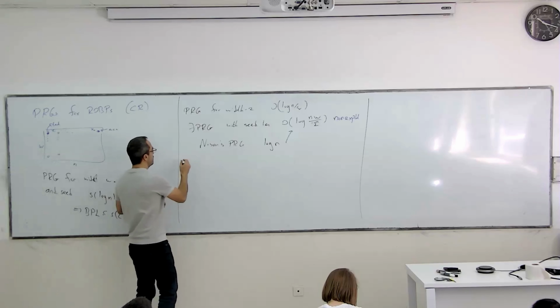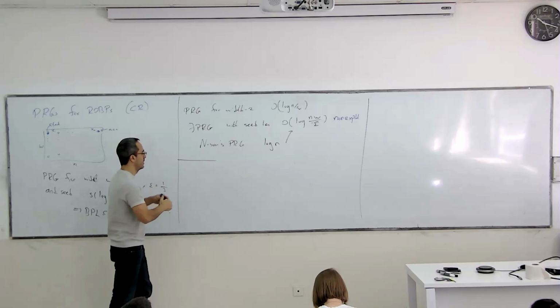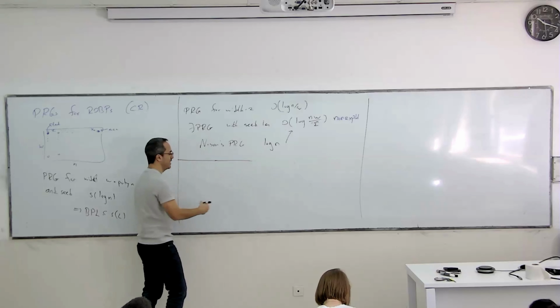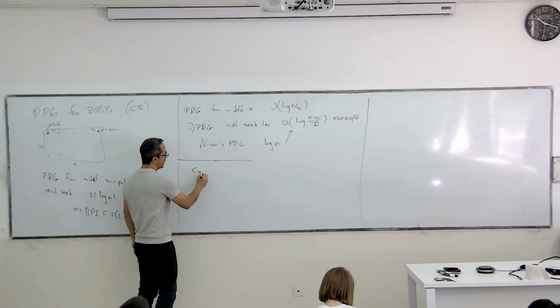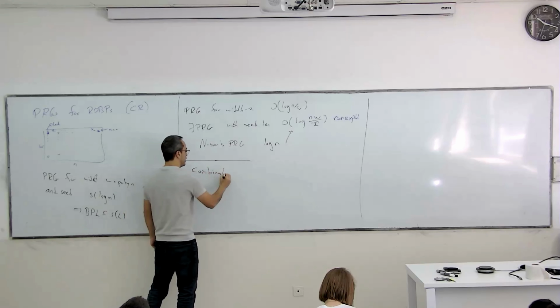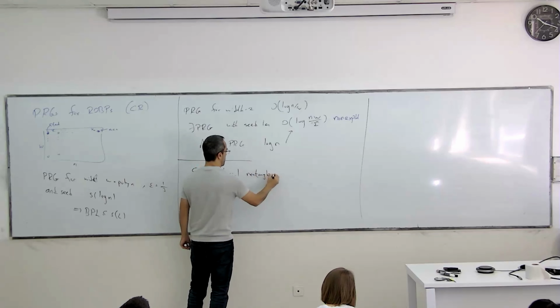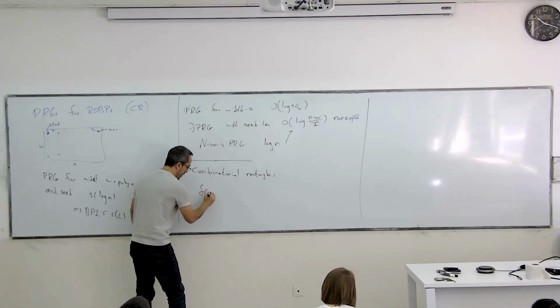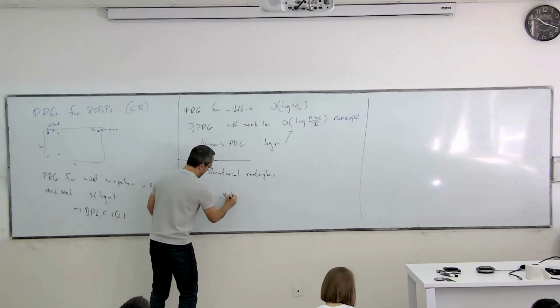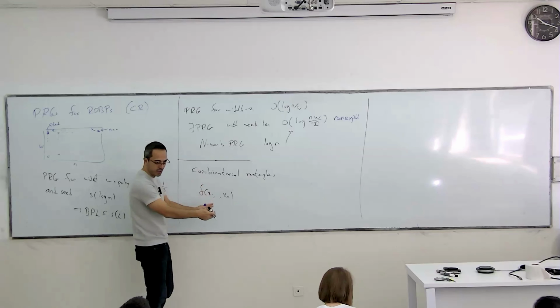And then we started the last part of the lecture by talking about combinatorial rectangles. And these are functions. So it's a function on n inputs, but it's actually a product of n functions on the individual inputs.